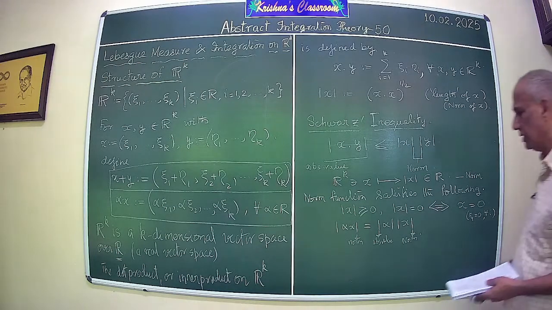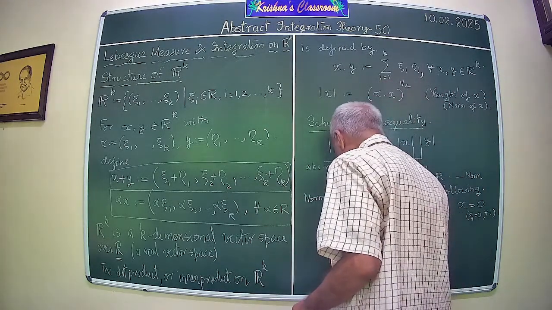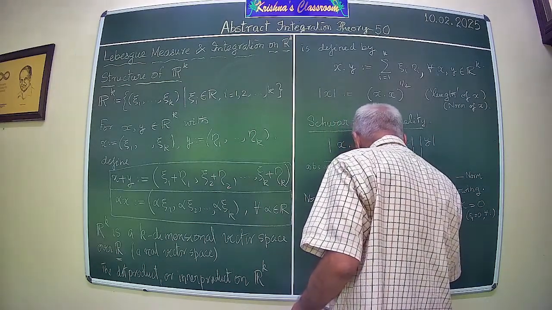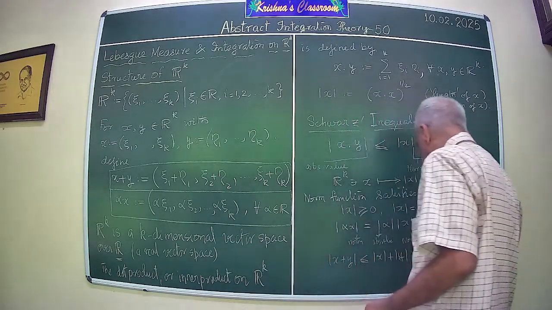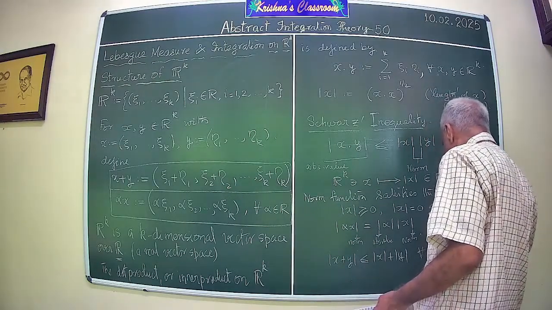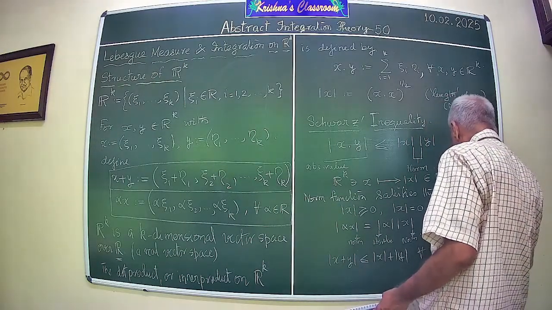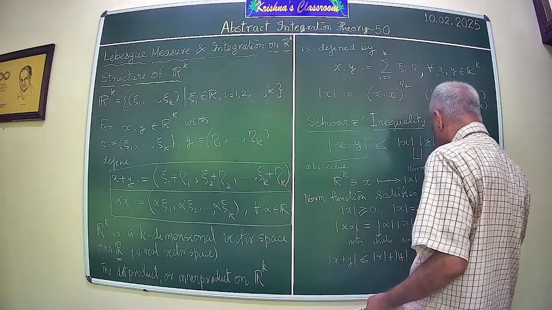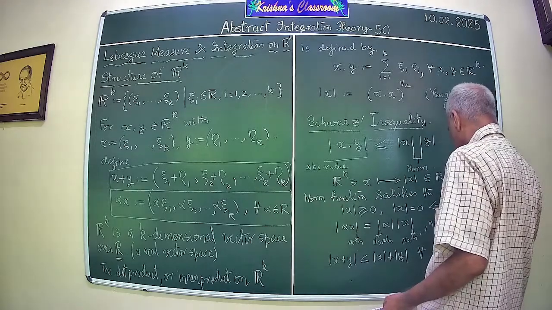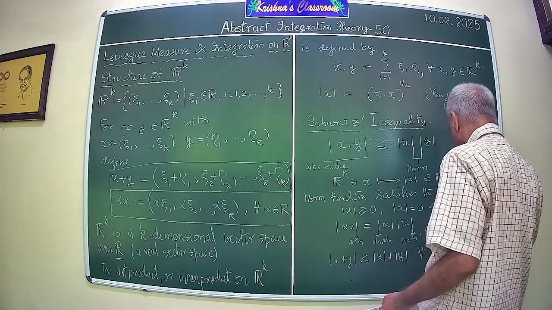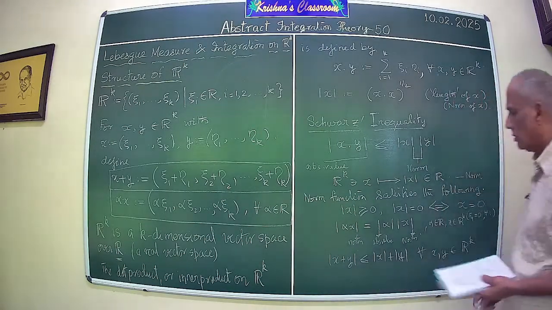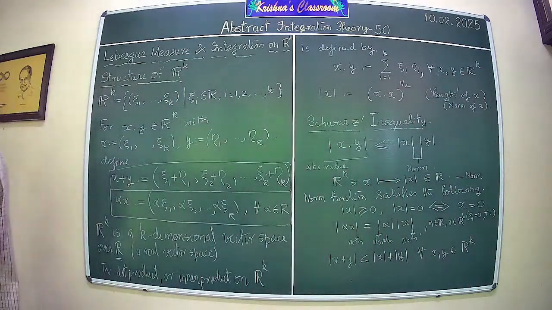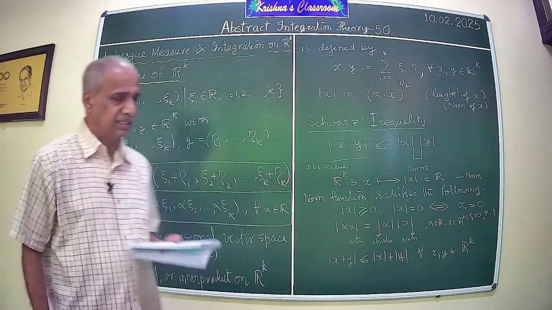Satisfies this condition, and further norm of x plus y is less than or equal to norm x plus norm y for every x and y. So these are the essential properties of what is called the length function.